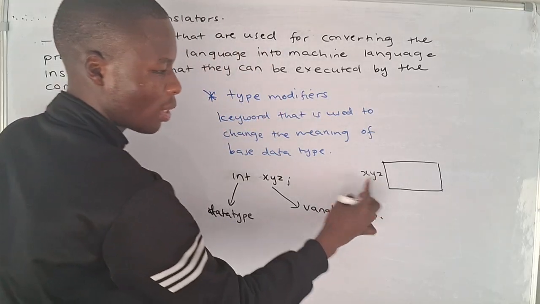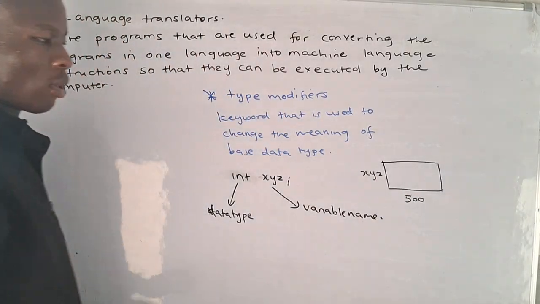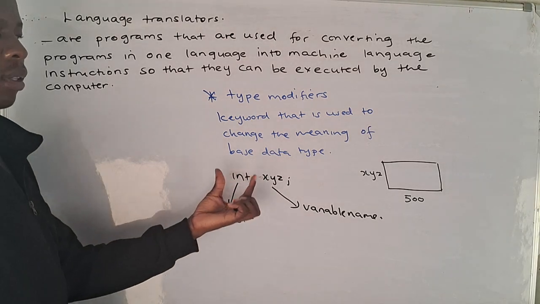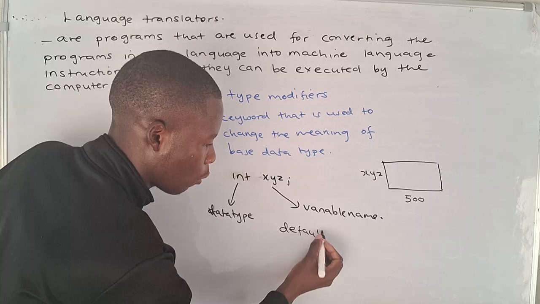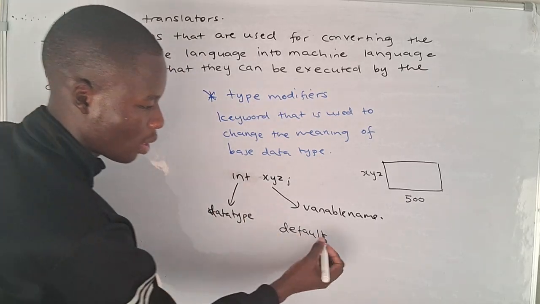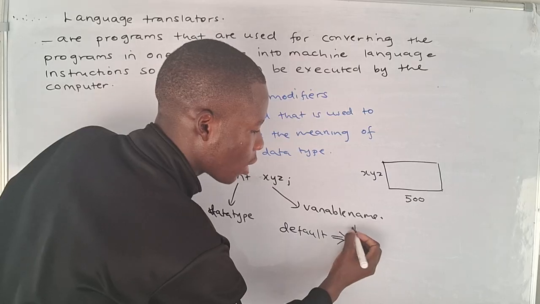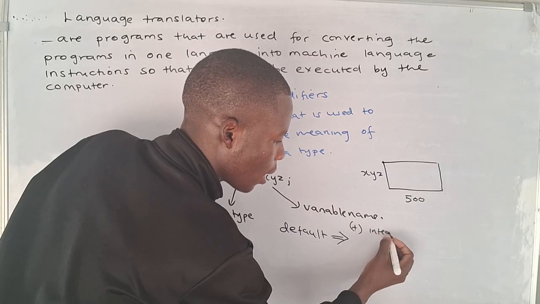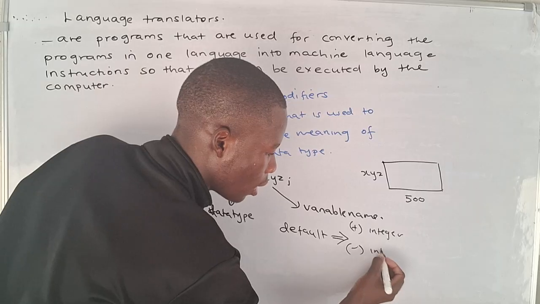Suppose the memory address is 500. This variable xyz is going to store an integer. By default, if you just write int xyz, this integer can be a positive integer, or it can be a negative integer.